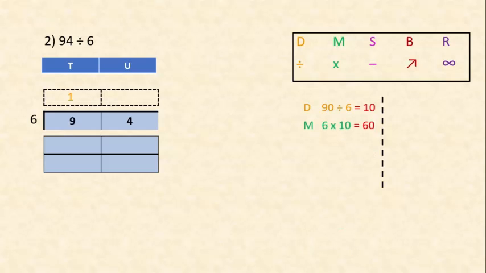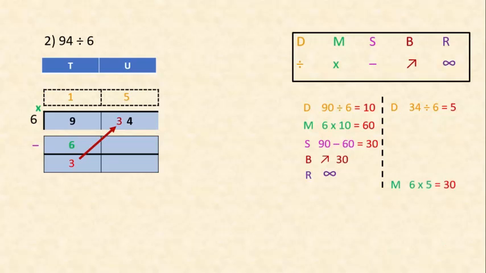Multiply. 6 times 10 is 60, and our answer goes underneath. Subtract. 90 subtract 60 equals 30. Bring up. We're going to bring up the 4 and it will become 34. So divide. 34 divided by 6 equals 5, and our answer goes in the units column.